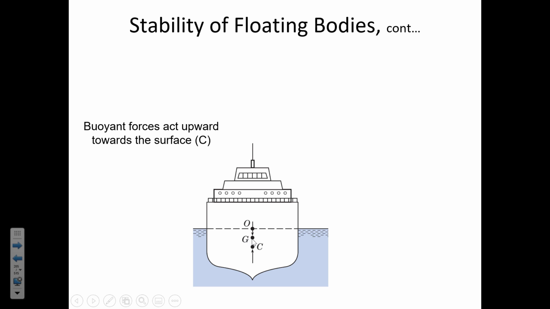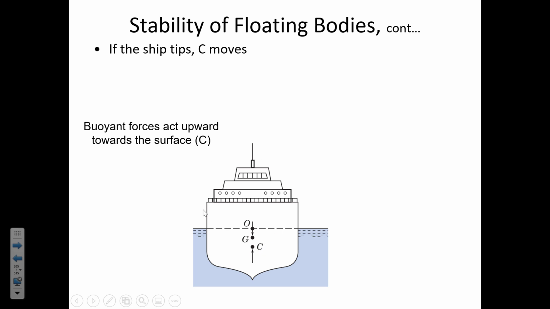G is determined by what's in the ship, not by the shape below the water surface, but like if we kept stacking more and more weight up high on the boat, then that would elevate G further and further up. Now, if the ship tips over, then the center of buoyancy is going to change its location.